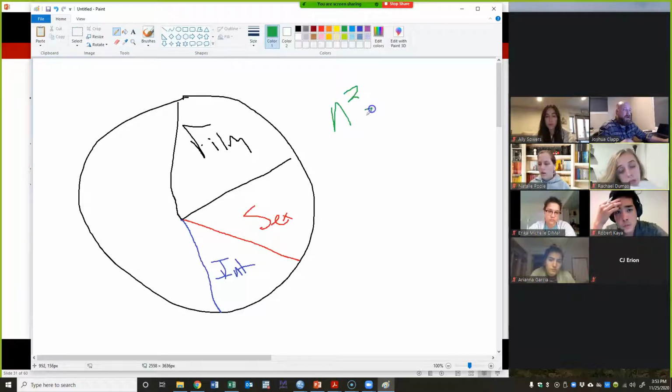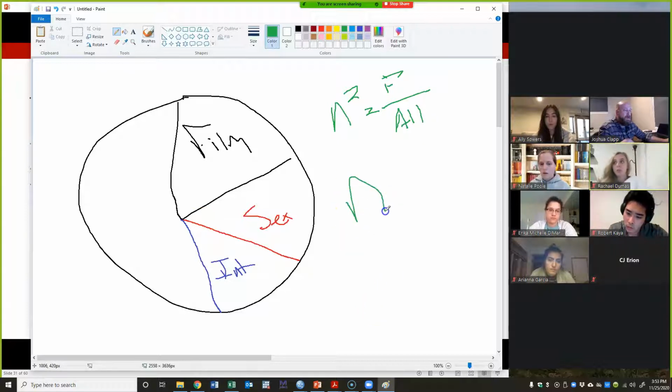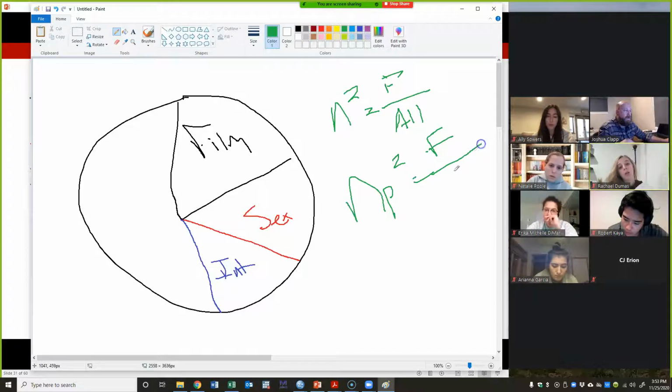But what we're saying is, eta squared is film over everything, right? My partial eta squared is film over everything that's not already accounted for by sex and interaction.